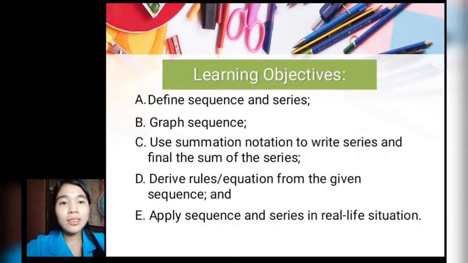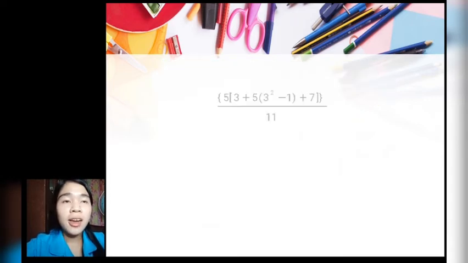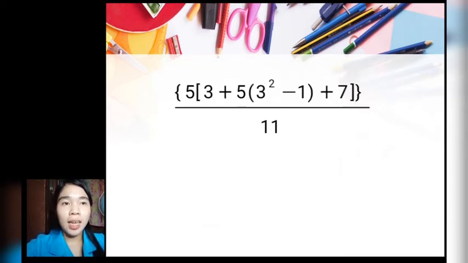So, for us to define what a sequence and series is, consider first this equation. The question is, what operation should be done first to simplify the problem? Then, what sequence of operations should be done to arrive at a correct answer?